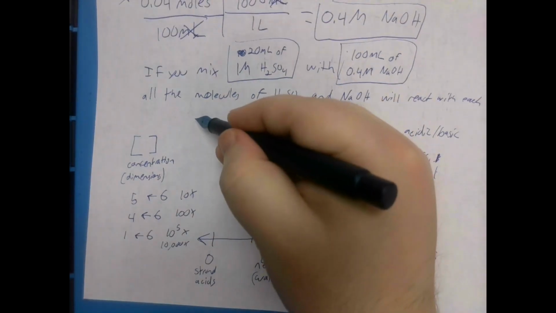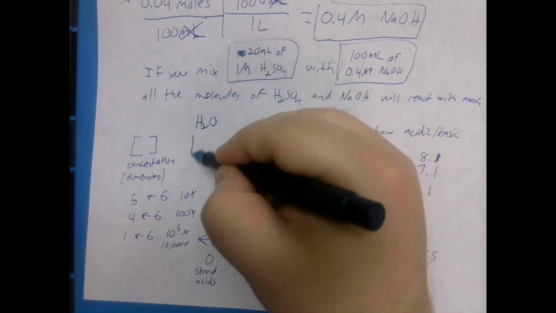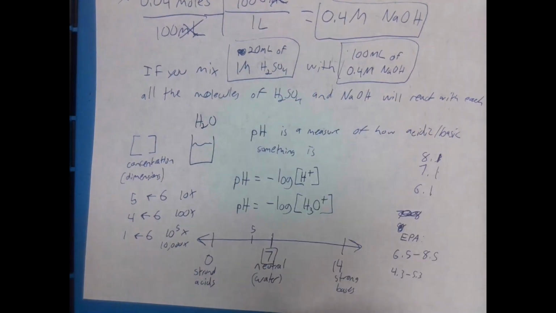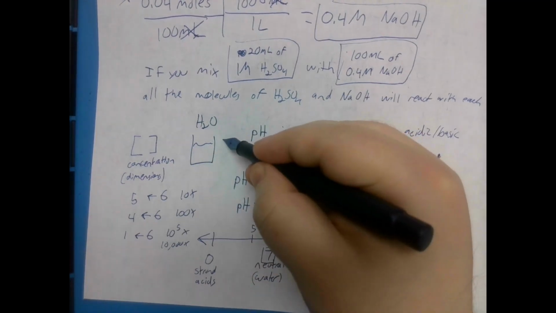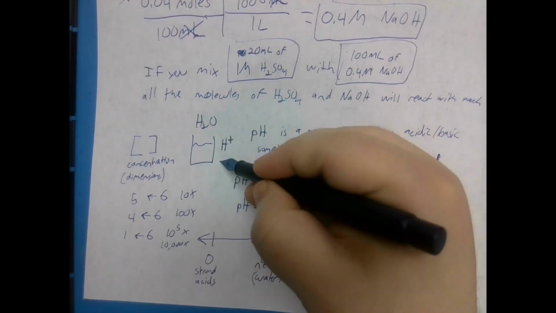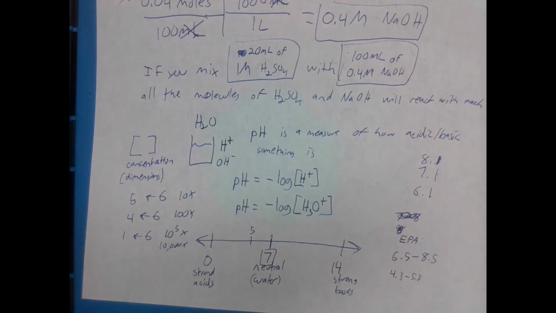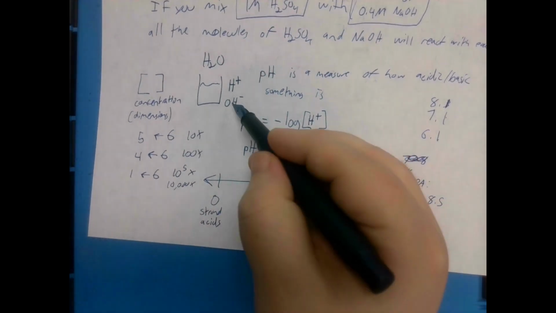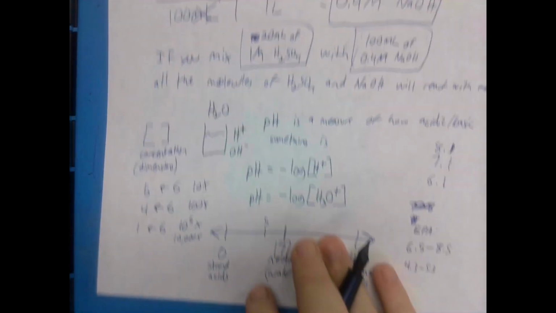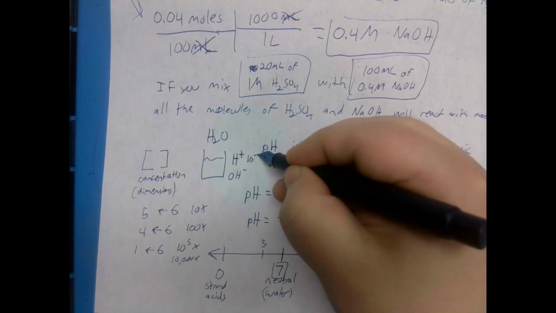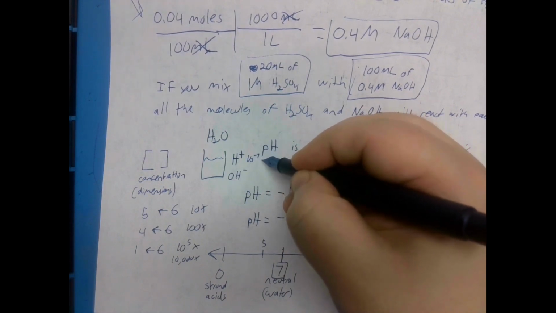Again, if you have a glass of water, it's going to have a very, very small amount of H plus and OH minus ions in it. So it's not like water has no ions in it. It just has the perfect ratio of H plus to OH negative. They're constantly coming back, and this is a small number.